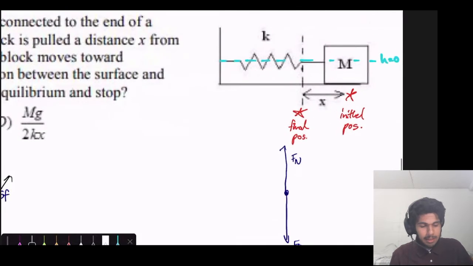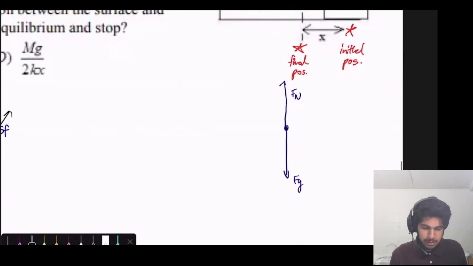Well, if this dotted line is the equilibrium position, and we pull the block this way, then we want to go back to equilibrium, so the force should be pulling us this way. That's what the spring should be doing. So the spring force should be to the left. So let's draw that in.